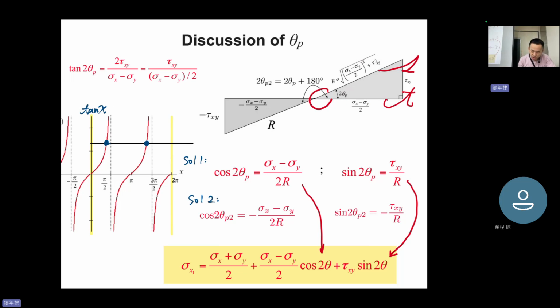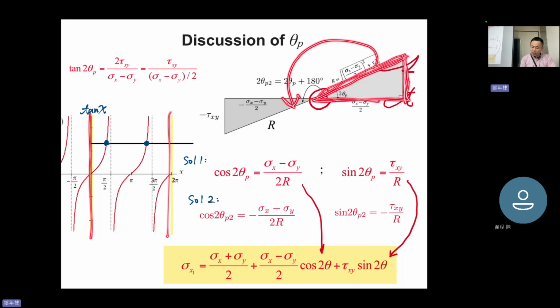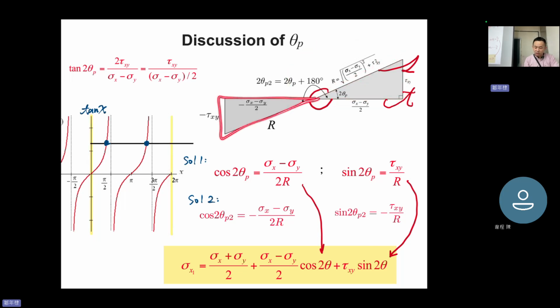Okay, so suppose one of them is solution one, and you have the other. So this is a smaller angle form, so you obtain this, and you will have another solution in between 0 to 2 pi. So you actually need to rotate this 180 degrees to obtain the other solution.